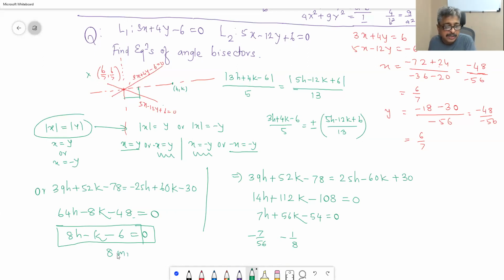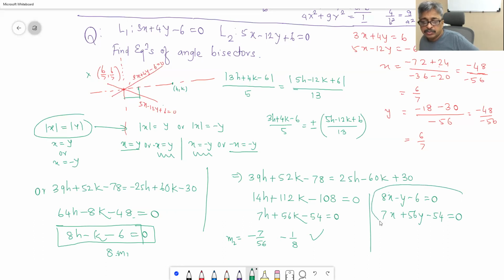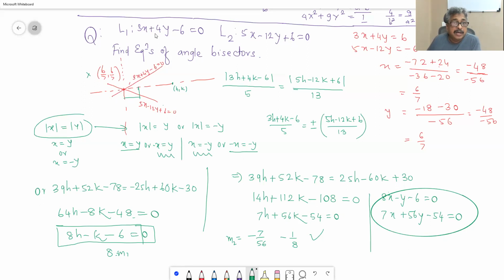So m1 is equal to 8, m2 is equal to minus 1 upon 8, and therefore our answers are correct. So two equations are 8x − y − 6 = 0 and 7x + 56y − 54 = 0. These are the two equations of angle bisectors. Those who got them in the first place, their answers are correct, remaining are wrong.